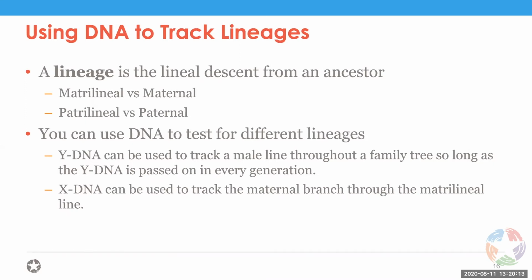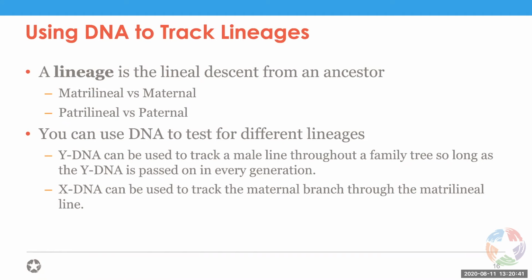So a matrilineal lineage is only going to show your female ancestors. This often gets confused with a maternal lineage, which just means that you're related to someone through that mother's line. The difference being that a matrilineal line shows only the female ancestors, but a maternal shows male and female that are related to you through your mother.